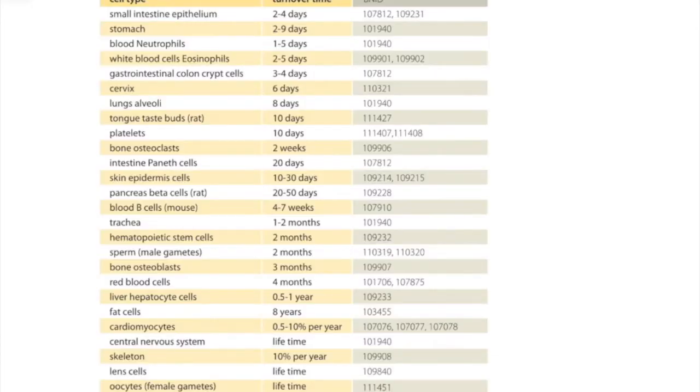So why do we need mitosis? What is mitosis for? Have a look at this table and think about what the implications of the figures in this table are. This turnover time is the amount of time that cells last for. What's their lifespan?